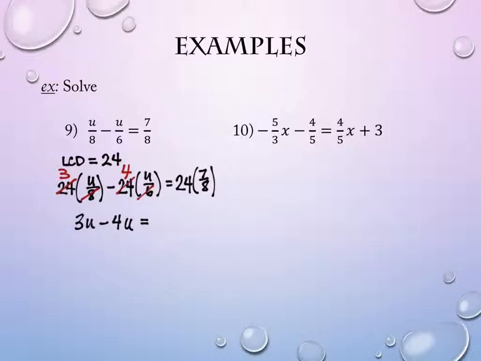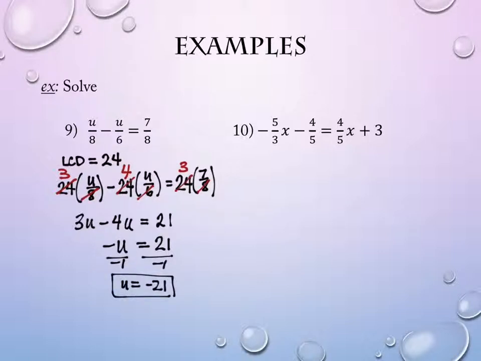And then the 24 and the 8, we already said that those become a 3. And then 3 times 7 is 21. 3u minus 4u would be negative 1u or negative u. And if negative u is equal to 21, and I divide by negative 1, what will u equal? Negative 21. Exactly.